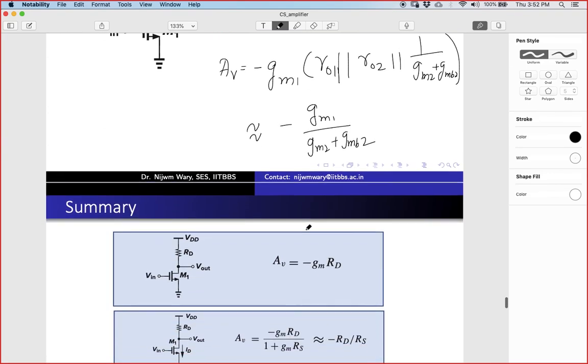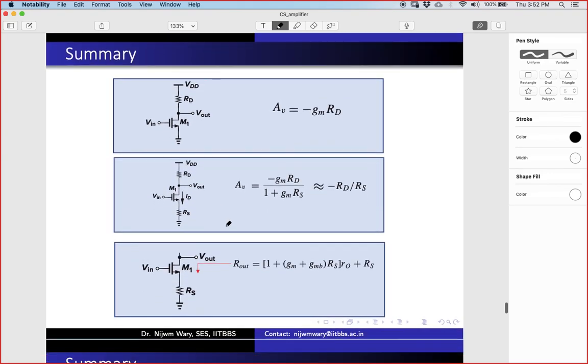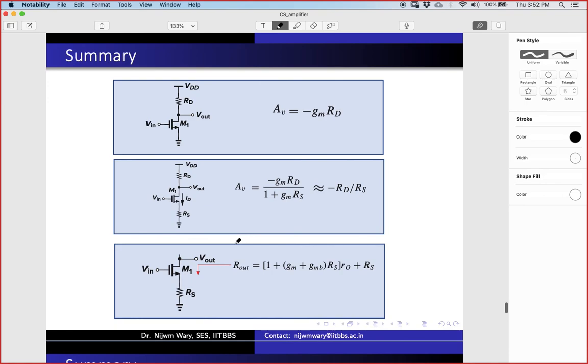Okay then, so I think this is the conclusion. I have made a summary of this one, and I think everyone should remember this. If I have a simple common source stage, the gain is minus GM RD, or more precisely minus GM times RO parallel RD, right?